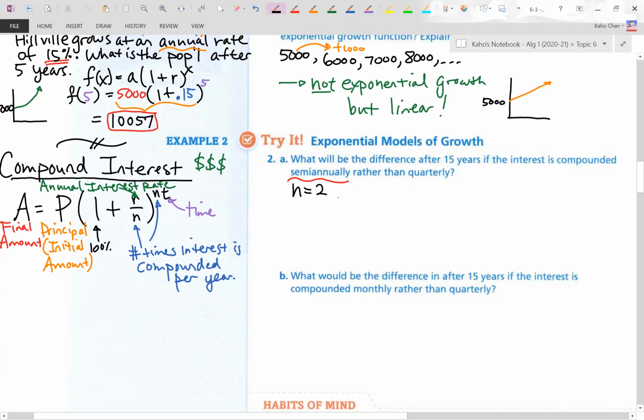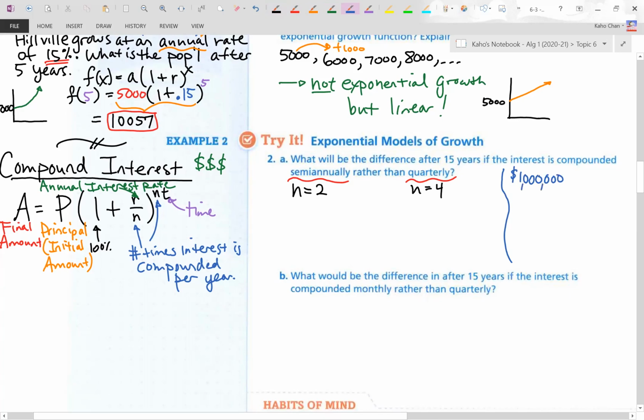Quarterly means we take a year and chop it up into 4 quarters. N equals 4 here. Is there a subtle difference between quarterly versus semi-annually? Now, just to give you a little history here, the information given to us in this book is we have $1 million, let's just say.